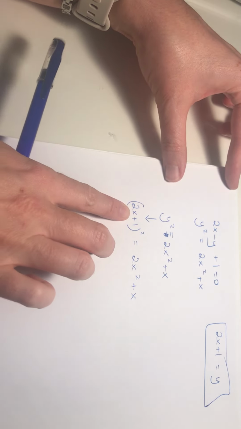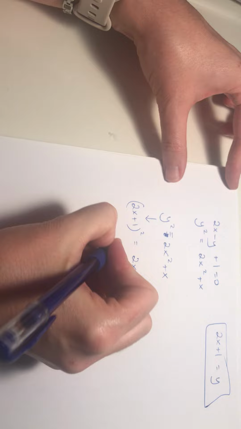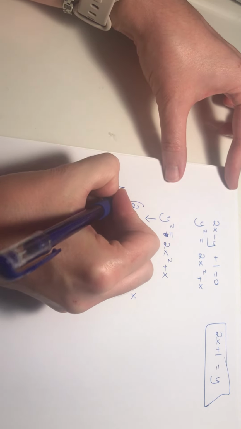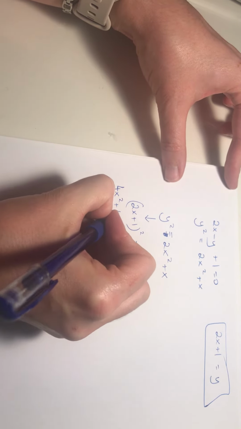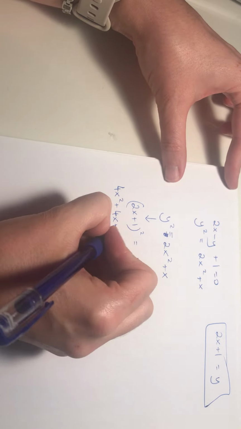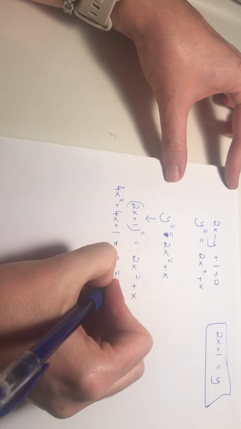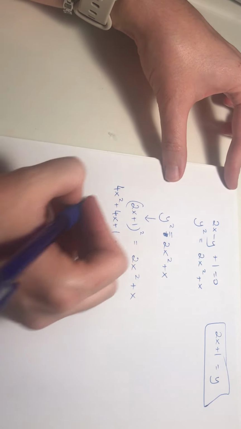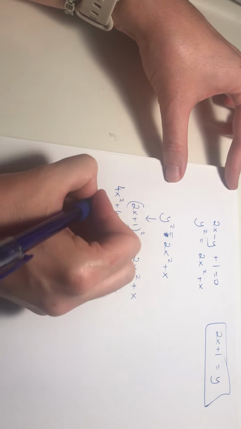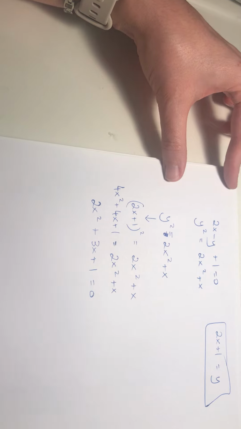If you need to, you take that to the side and you square it. When you do, you should end up with 4x squared plus 4x plus 1 is equal to 2x squared plus x. Bring it all to one side: 2x squared plus 3x plus 1 equals 0.